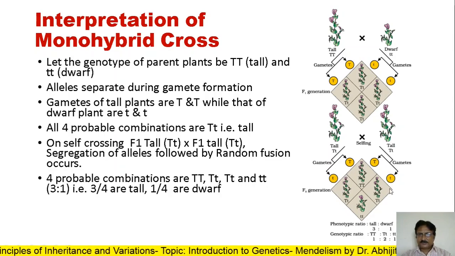Now in this checkerboard or Punnett square, you can plot the probabilities. Capital T with capital T forms capital T capital T. Capital T with small t becomes capital T small t. Similarly in this box, capital T and small t come to capital T small t, and in this one small t and small t become small t small t.